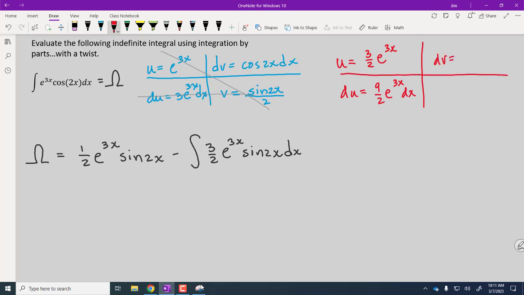We'll let dv be the trig portion of the integrand. So v will be, we integrate sine 2x. What will we get when we integrate sine 2x? Minus cosine of 2x over 2.